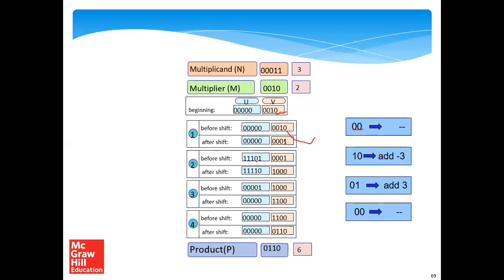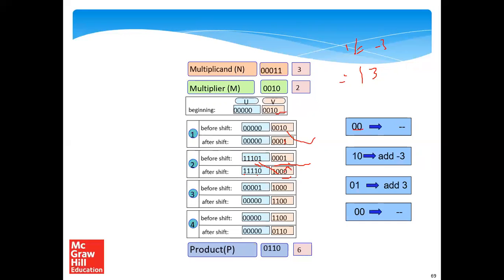Subtract 3 means add minus 3, so 16 minus 3 equals 13. 13 is represented as 8 plus 4 plus 1, and the extra 1 is the sign extension, so this becomes 1101 and it is 001. Then we simply right shift, the 1 is thrown out, 000 comes here and this 1 comes here, then this 0 comes here, and 1 1 and this sign extension.